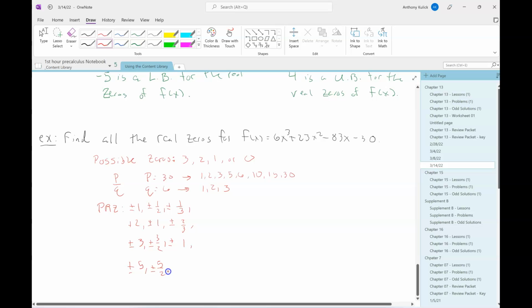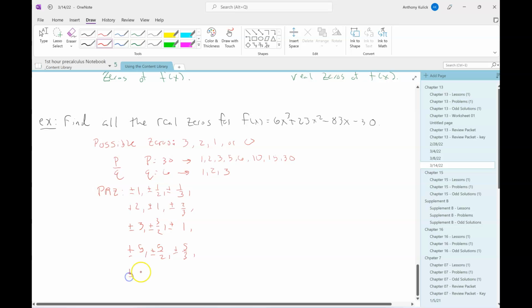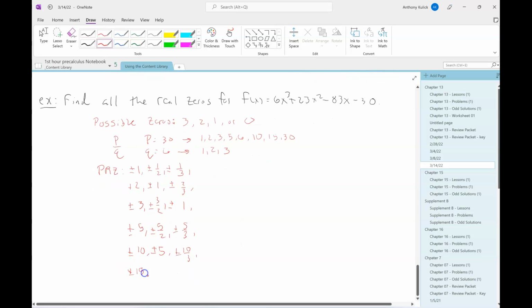And then plus or minus 10 over 1, 10 over 2, which I'm just going to write as 5, and then 10 over 3, and we have 15 over 1, 15 over 2, and then 15 over 3, which I'm just going to write as 5. And then we have 30 over 1, 30 over 2, which is just 15, and then 30 over 3, which is just 10.